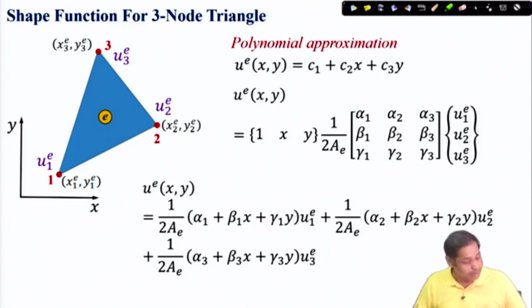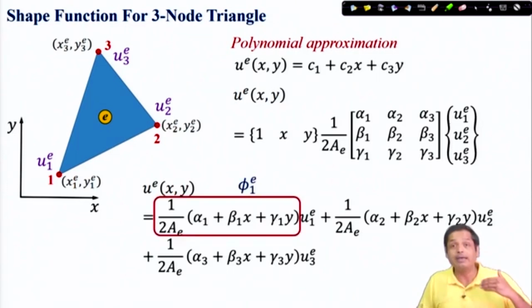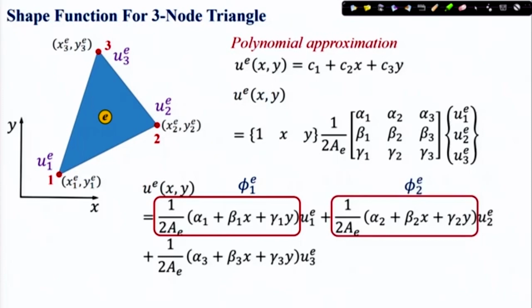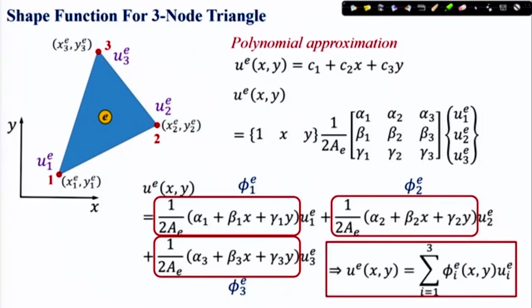In this expression, this gives you phi 1, which is the shape function 1 associated with node 1. This gives you shape function 2, associated with node 2, and this gives you shape function 3. Combining this equation, this gives you the representation of u at any arbitrary point within the element, in terms of the shape functions phi.